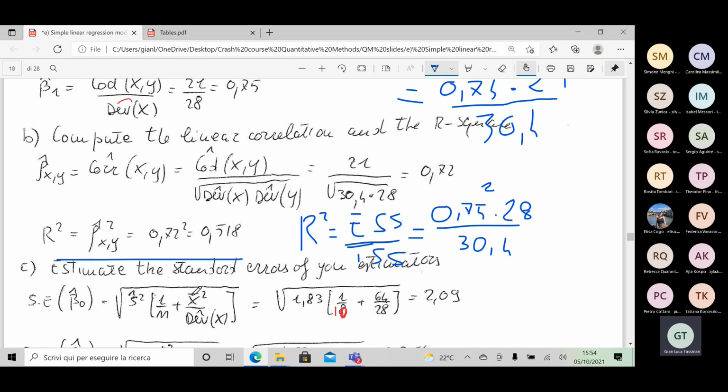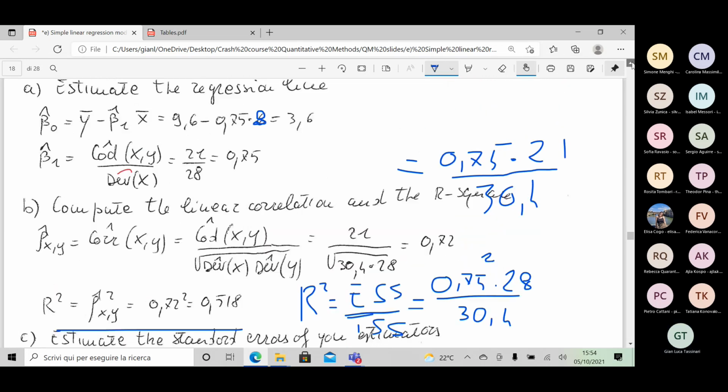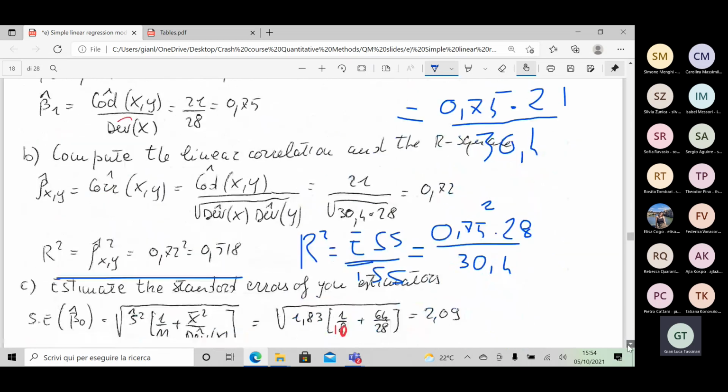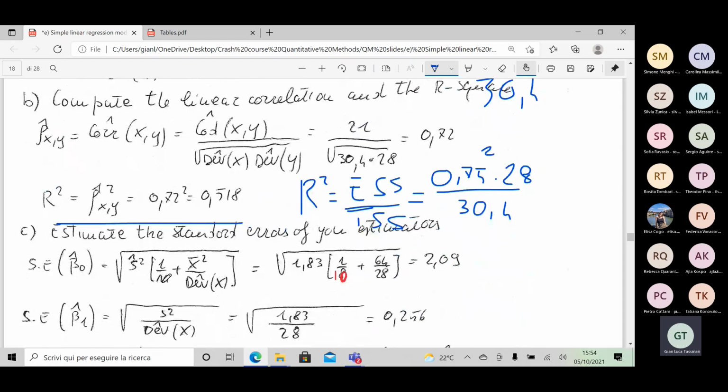We have x bar, which was 8, and the deviance of x, which is 28. We have 1 over n because we have 10 observations, so 1 over 10 plus 8 to the power 2 over the deviance of x, which was 28.